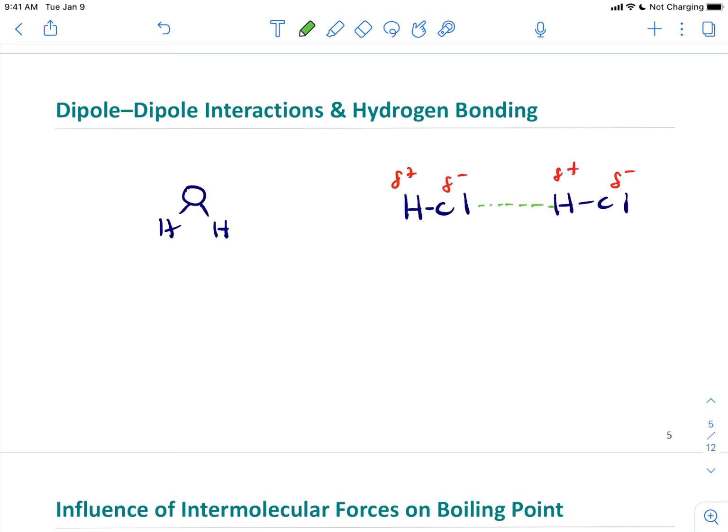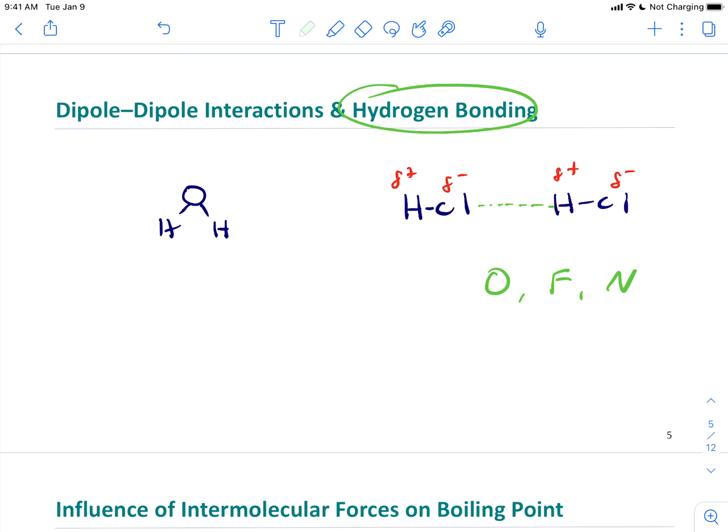Now, that's a dipole-dipole interaction. If hydrogen is attached to either oxygen, fluorine, or nitrogen, due to their high electronegativity and small size, you get a special case of a dipole-dipole interaction called a hydrogen bond.